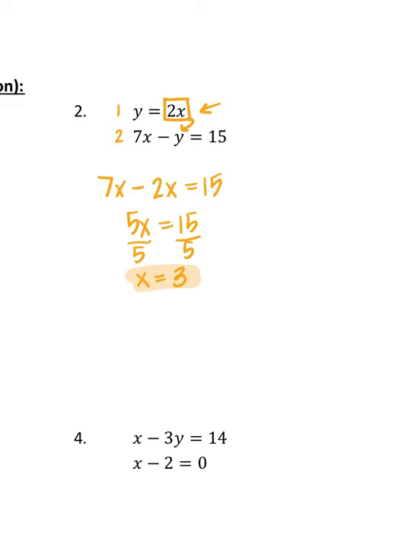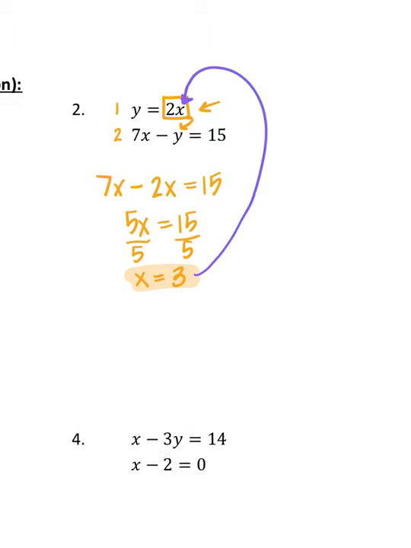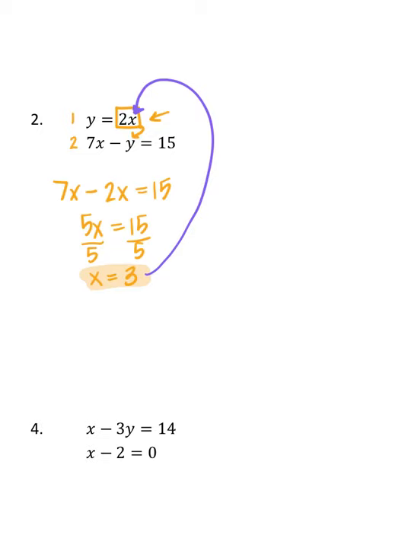Okay, so now x equals 3. And I'm going to take that 3, and I'm going to just plug it into that original problem. So I'm going to plug it in for x right here. So when I rewrite it, I get y equals 2 times 3, because that's what x equals. Y equals 6.